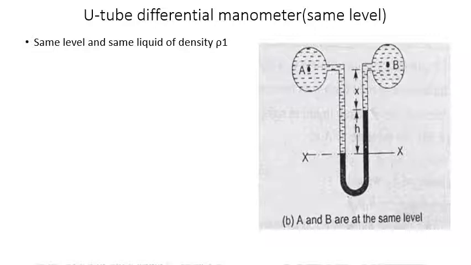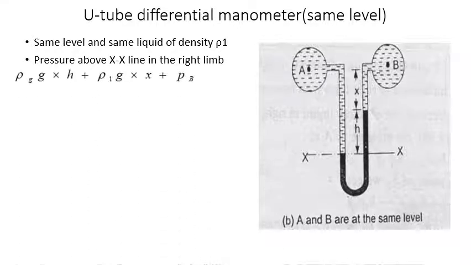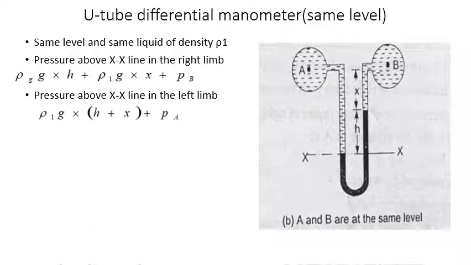Now the same liquid of density rho 1 is flowing through pipes A and B. The pressure above the XX line in the right limb is rho g g h plus rho 1 g x plus P_B, the pressure at point B. The pressure above the XX line in the left limb is rho 1 g (h plus x) plus P_A.